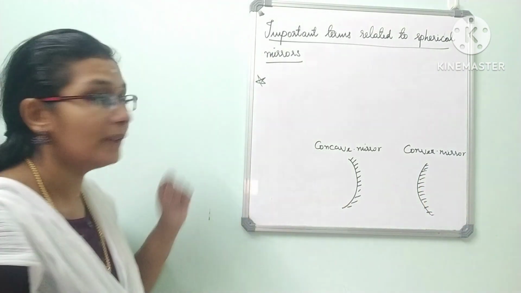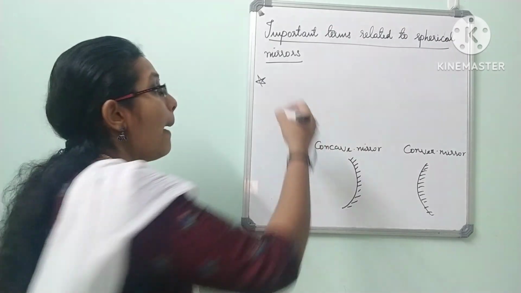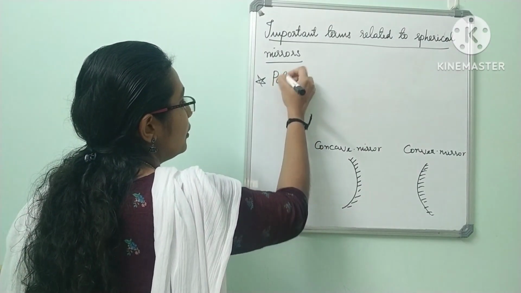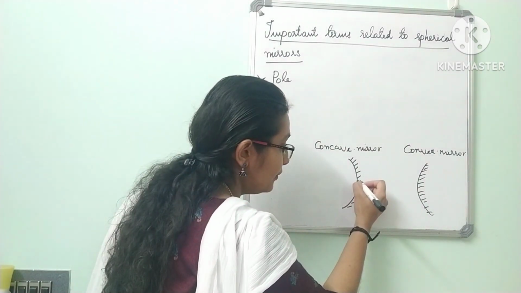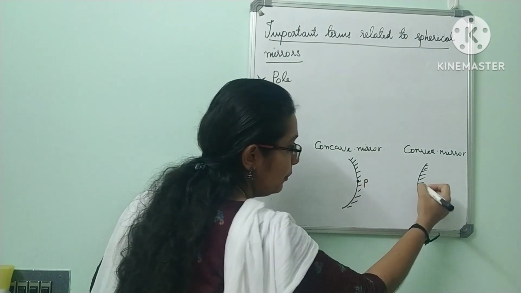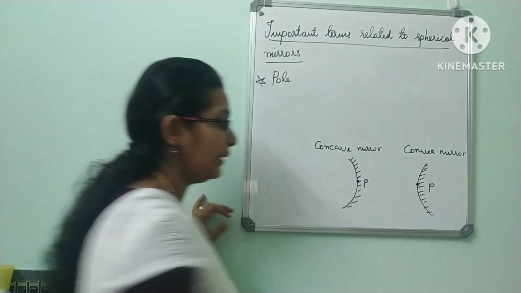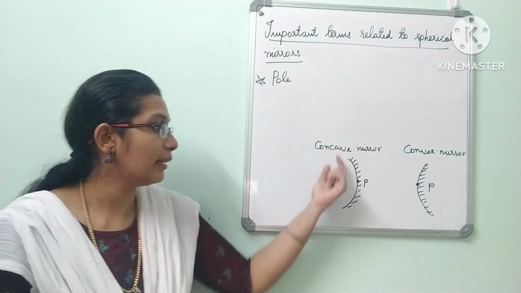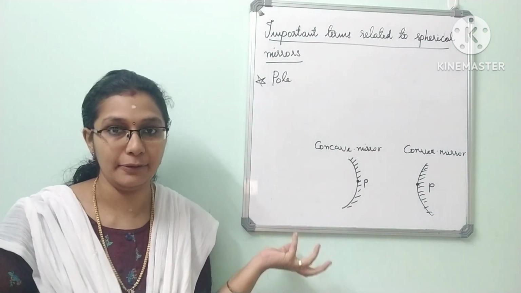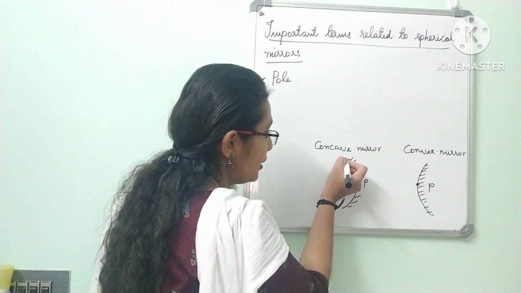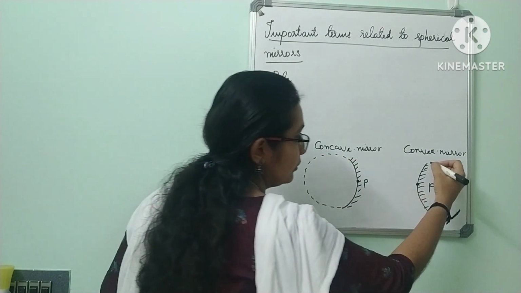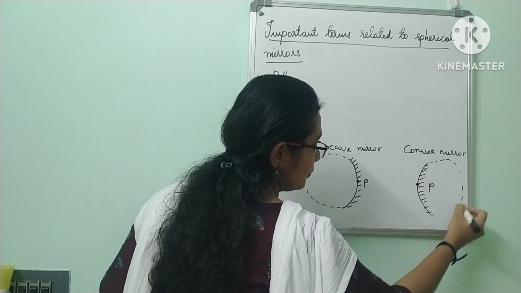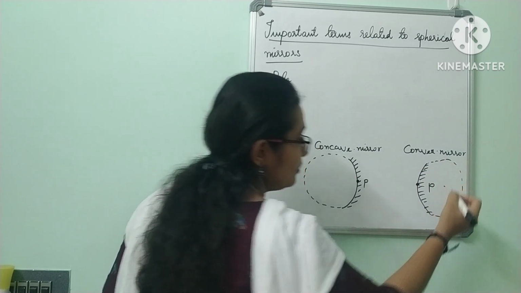Okay. So the first term we are going to learn is pole. What is pole? Pole is nothing but the center of this reflecting surface. In both mirrors, this is the reflecting surface, right? This is a part of a sphere. So let me draw it completely. Kindly adjust my diagrams.